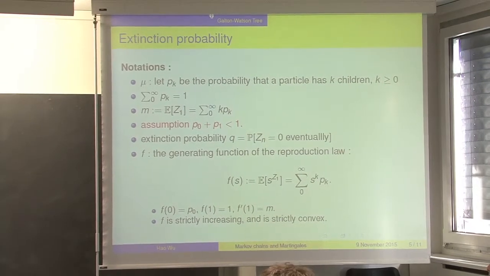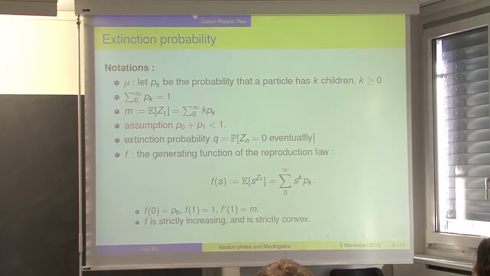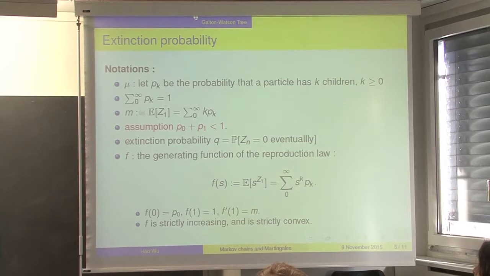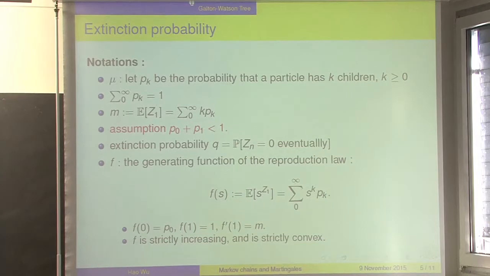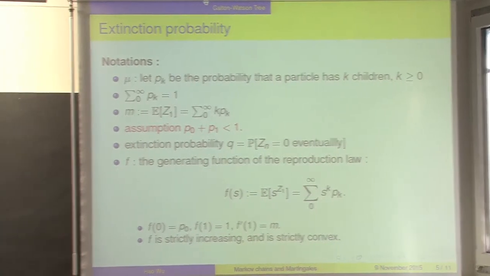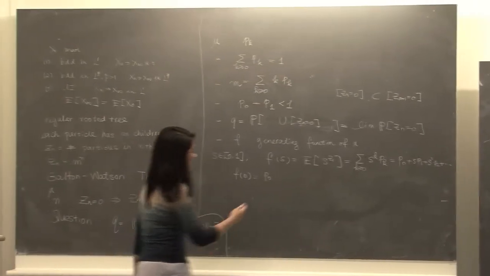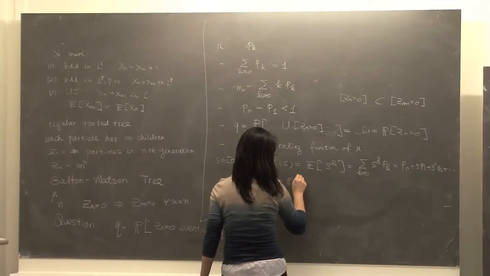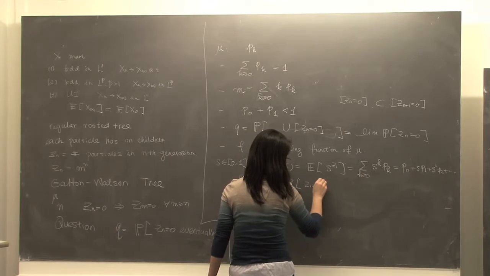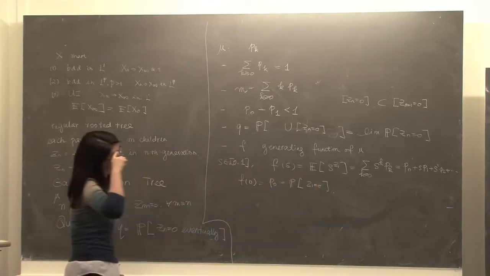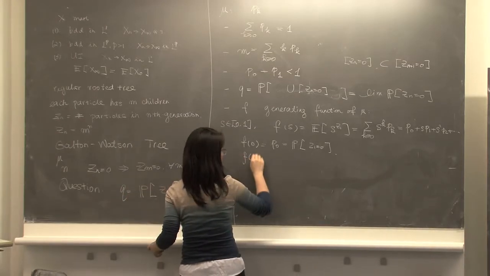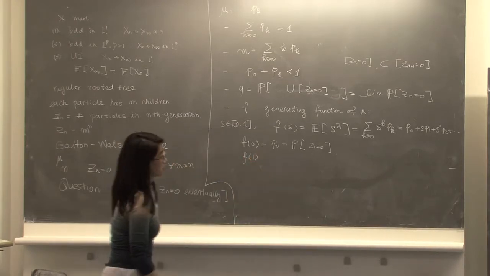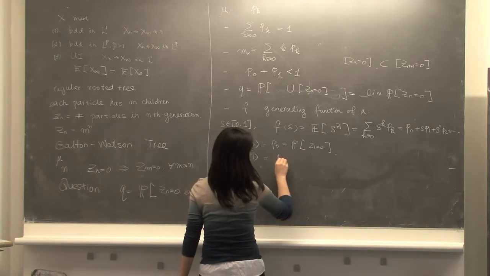And now let us see how to use information from the generating function to get the information we usually consider. So first of all, when s equals 0, f equals p_0. So p_0 means this particle has no child at all. And when s equals 1, then it's just a summation of all probabilities, so it equals 1.